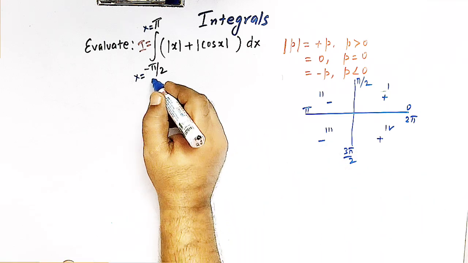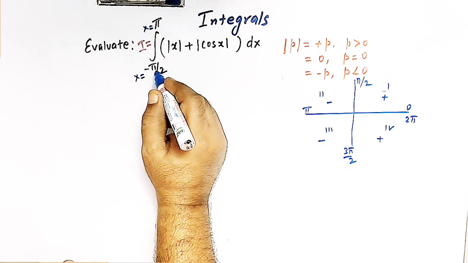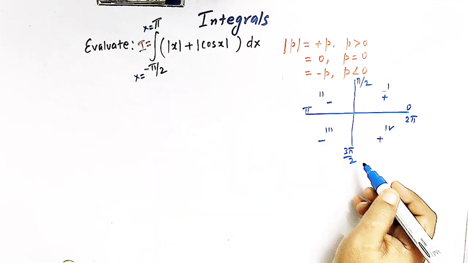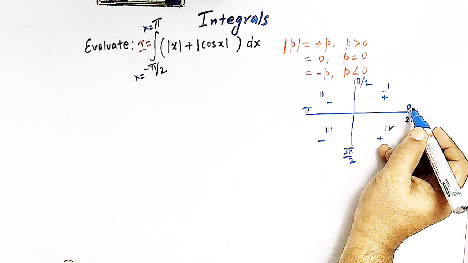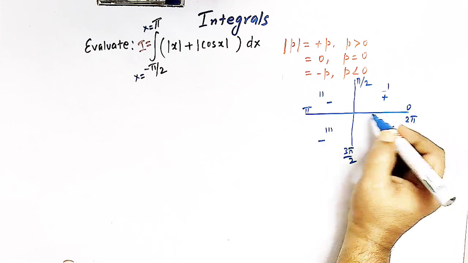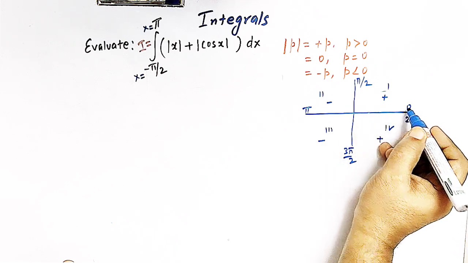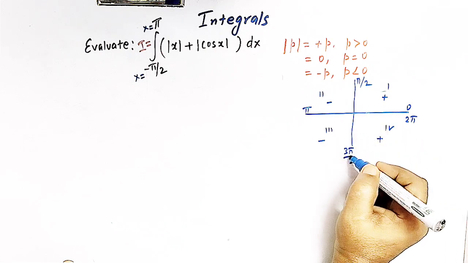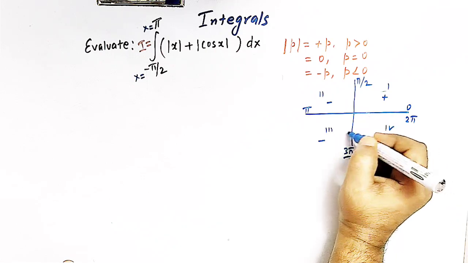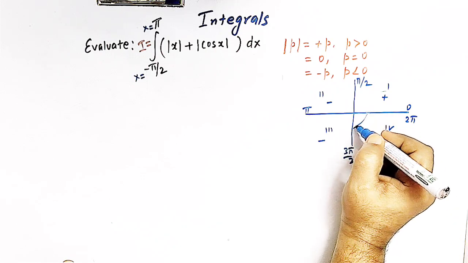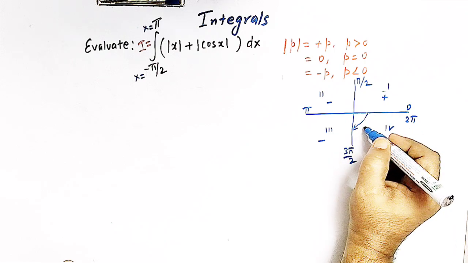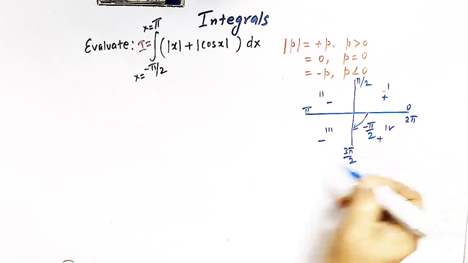So when we go from the 0 degree line towards 3 pi by 2 in the clockwise direction, this angle is minus pi by 2.